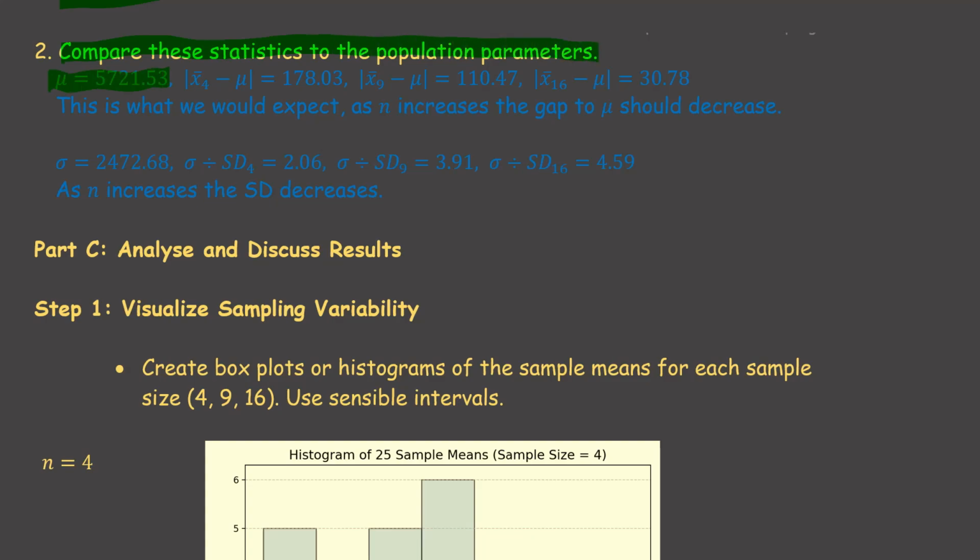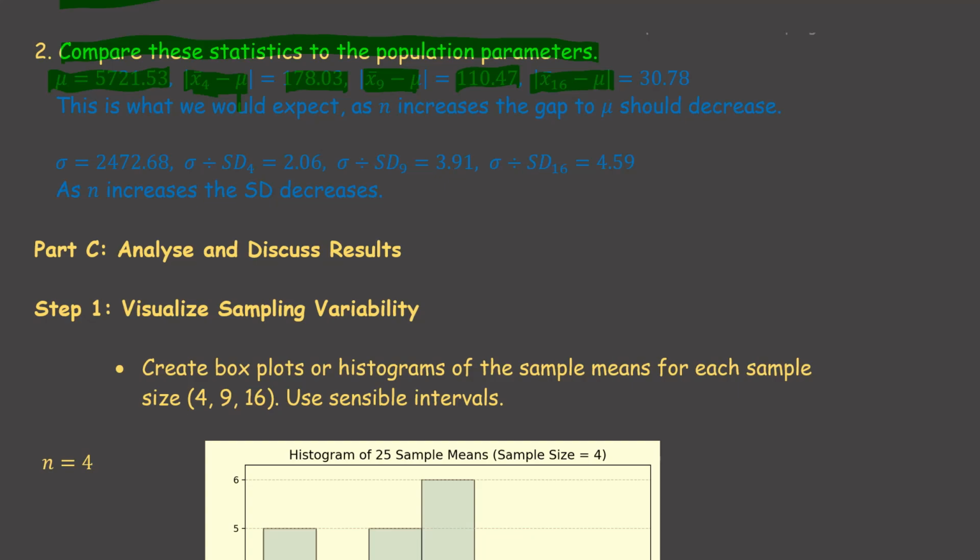So there's the mean, and so if we do the sample of size 4, take away mu, let's take the modulus so we don't have to worry about negatives. The difference is 178.03. If we do the difference with those of size 9, it's 110.47, and with size 16 the difference was 30.78.